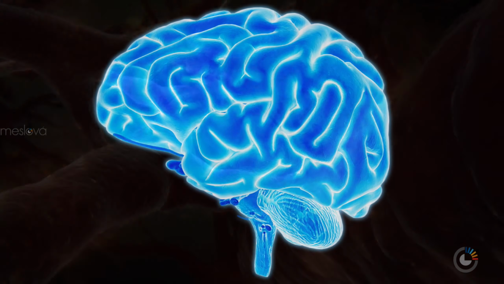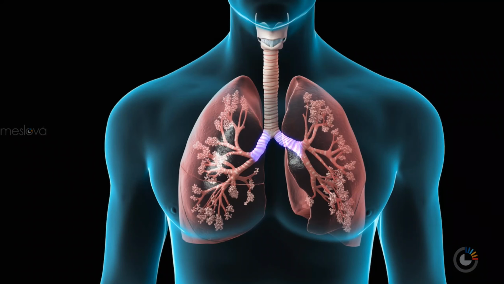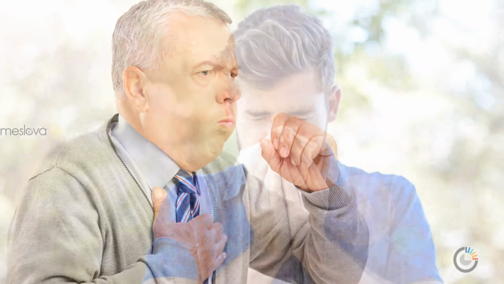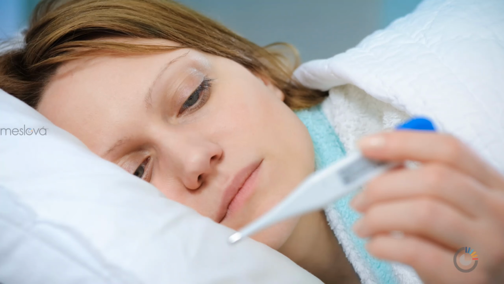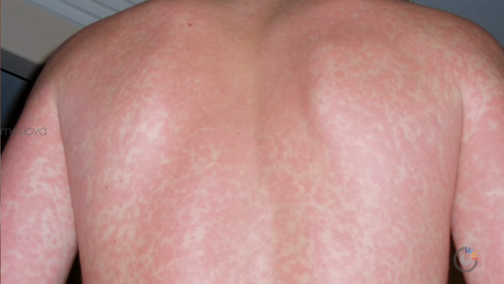If the brain is the target, it shows symptoms like headache, vomiting, fits, or unconsciousness. If the lungs are the target, it shows symptoms like coughing, sneezing, watering, or fever. If the skin is the target, it may lead to rashes or reddening of the skin, etc.